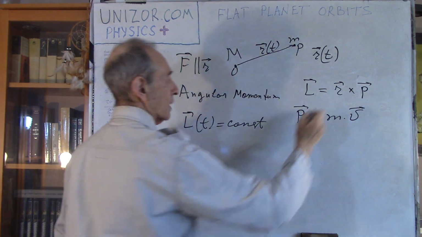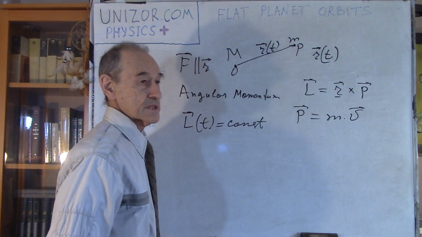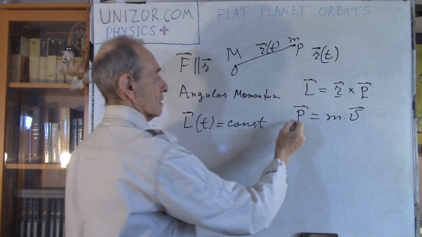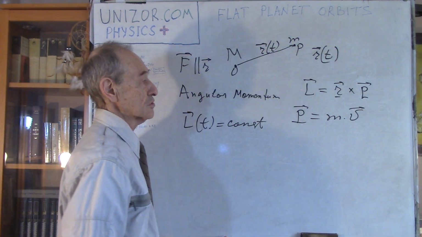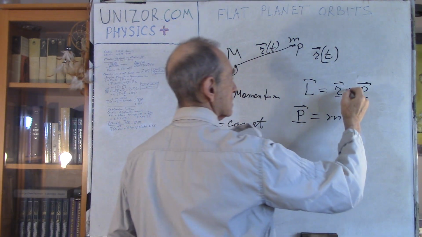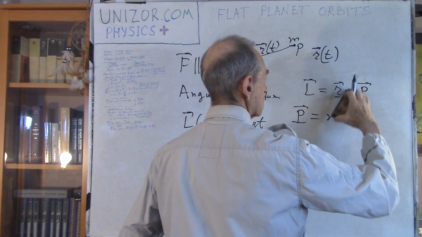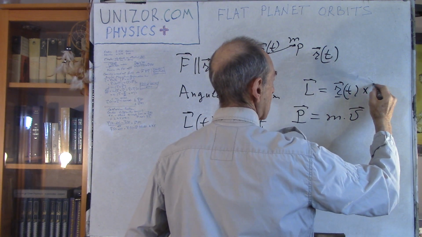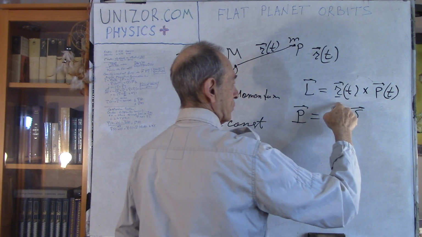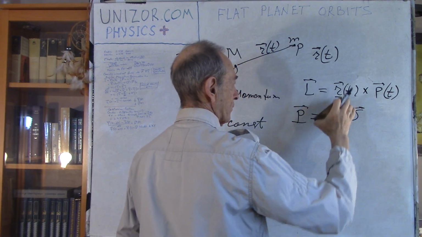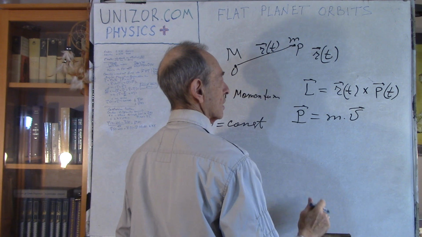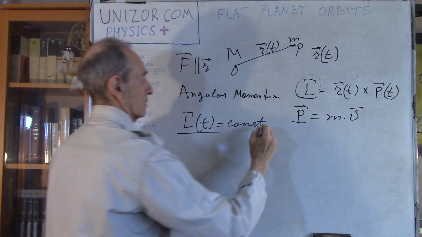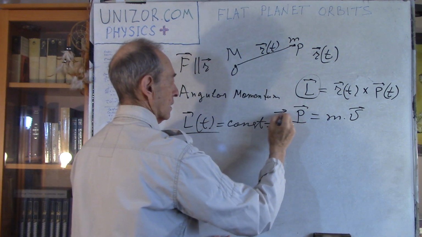No matter where the position is moving and the speed is, and the velocity vector is changing, and that's why the linear momentum is also changing. Whenever it happens, this is a function of time, and this is a function of time. Position is changing, velocity is changing, and linear momentum is changing. No matter what it is, L is constant. And you can use just the letter L as a vector.